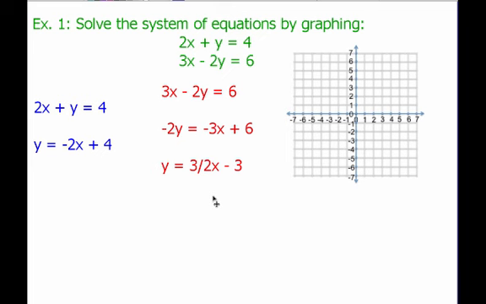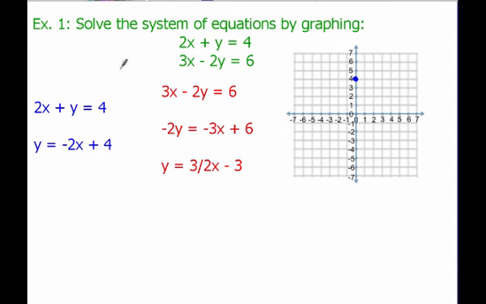So now what I'm going to do is graph both of these equations. I'm going to start by graphing my blue equation, my top equation here. I know my y-intercept is 0, 4. Plot that point.